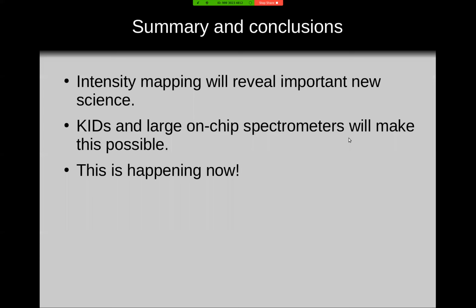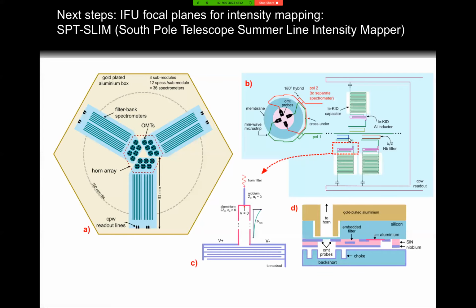And I'll just mention there's a newly funded project called SPT-SLIM, the Summer Line Intensity Mapper. The goal here is to actually do some spectral line intensity mapping from a real telescope at the South Pole.